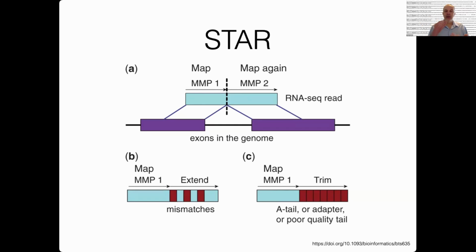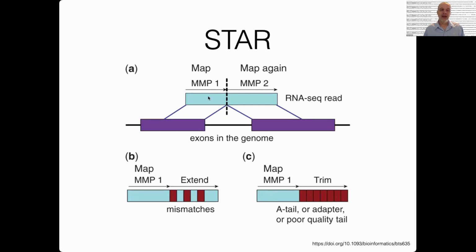Software like STAR, and other software for RNA-seq, will pre-process the genome. It generates what's called a reference transcriptome from the reference genome using the genome annotation, so that it makes this step easier. Instead of trying to map the read directly to the genome, it's mapping to the transcriptome.